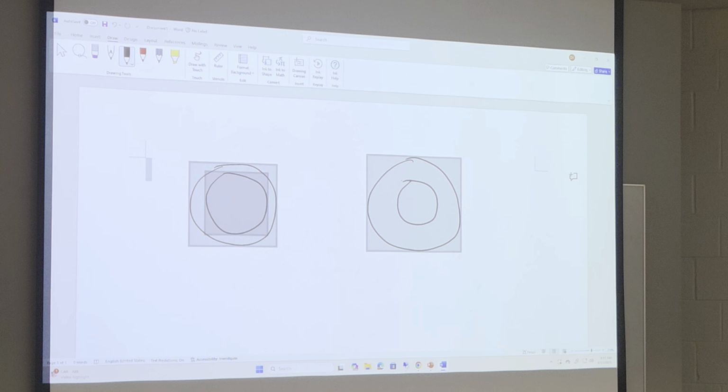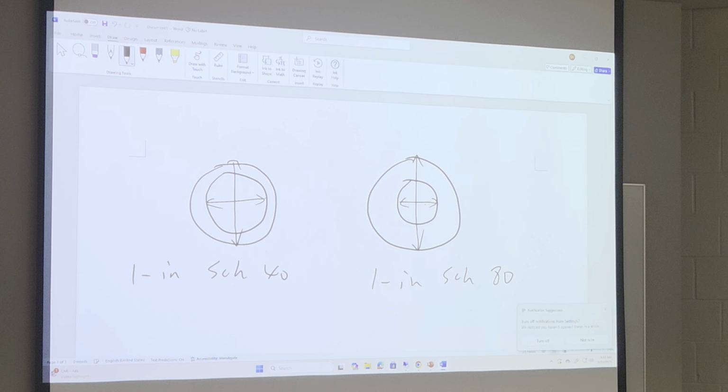Even though I say this one is 1 inch schedule 40, and this is 1 inch schedule 80, the outside diameter is the same. And as you can see, the inside diameter is different. So schedule 80 has a thicker wall.